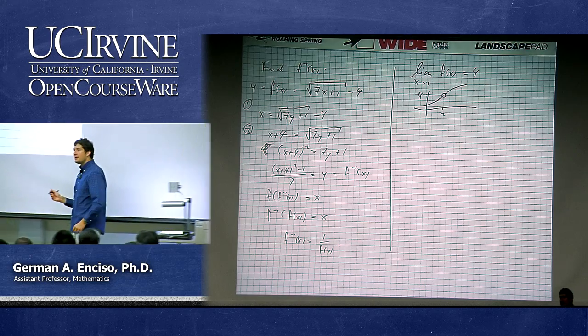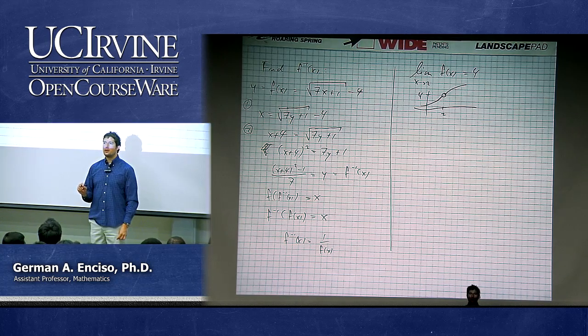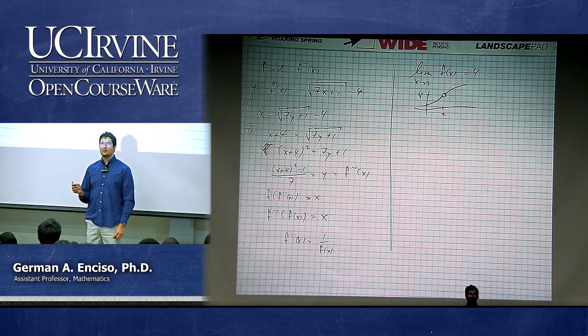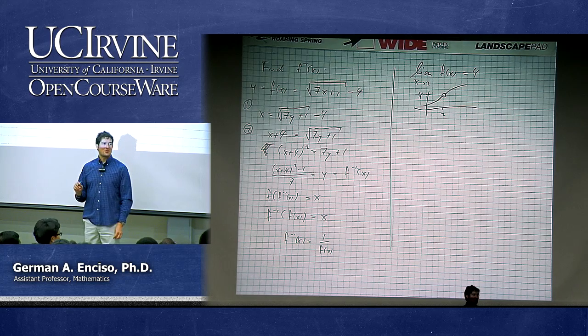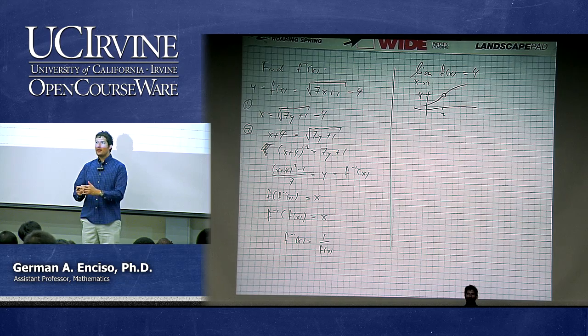Okay, even though I drew a hole at the point, does that limit equal 4? Yes, actually. As it turns out, and this is one of the things to learn about limits, it doesn't matter what the function is doing at x equals 2. It only matters what the function is doing around 2.